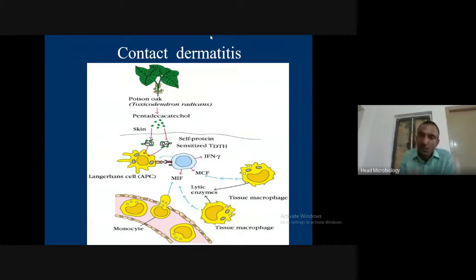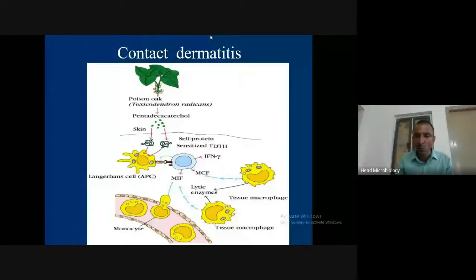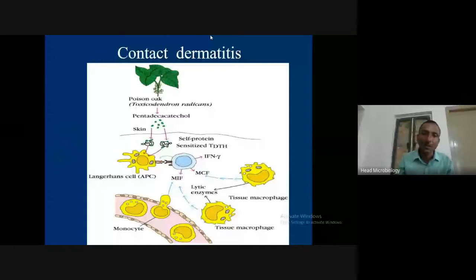If there is no root, there is no tree. So type 4 hypersensitivity affects different cells like monocytes, macrophages, tissue macrophages, different enzymes, interleukins. It will be completely affected. Then it will be exposed through the skin as well as released through the skin.